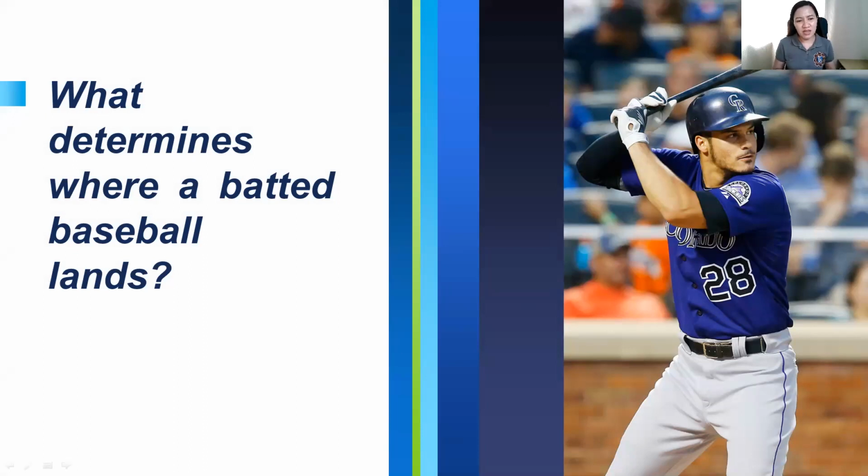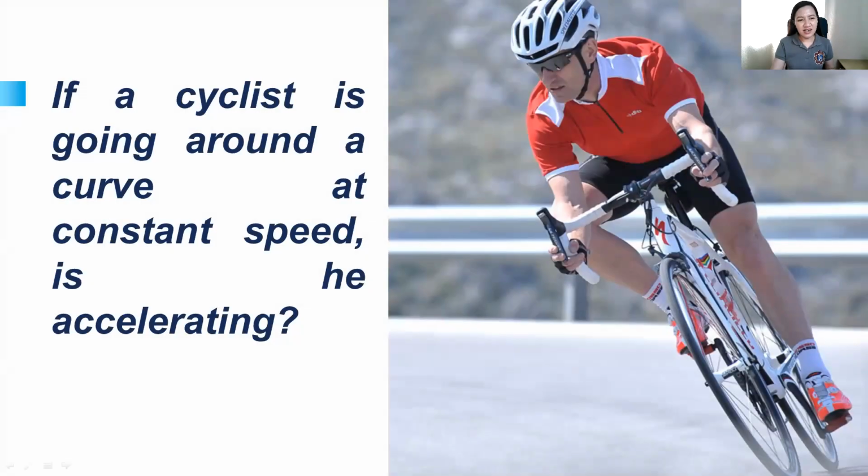When you hit something, what will determine where the ball will land? Or if a cyclist is going around a curve at constant speed, can we say that the cyclist is accelerating? He goes around a curve and the speed is constant. Is he accelerating or not?